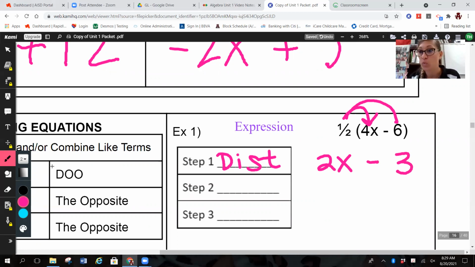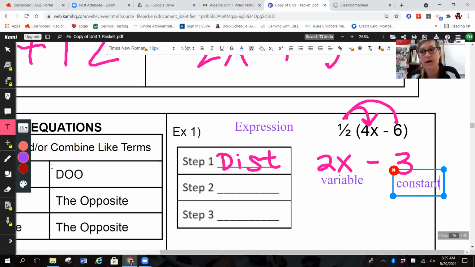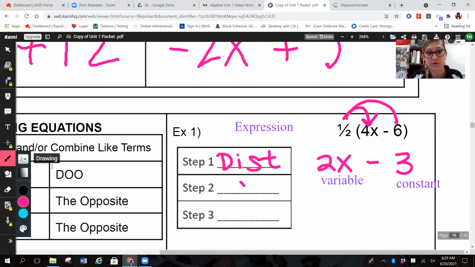So then we have used the distributive property. 2x is not a like term with a 3. Remember, this is a variable and this is a constant. So we can't combine those. So there is no step 2 and there is no step 3. You're done.